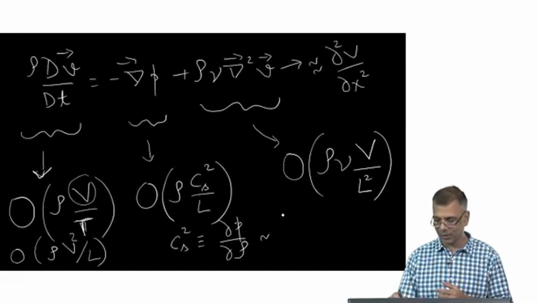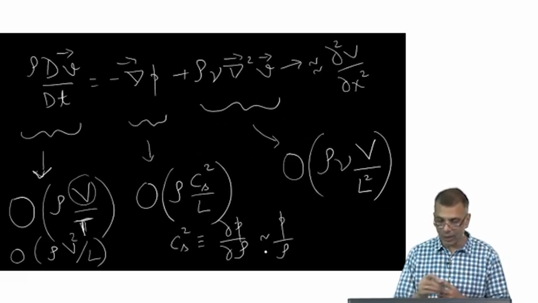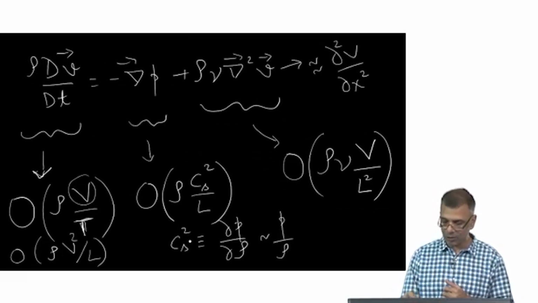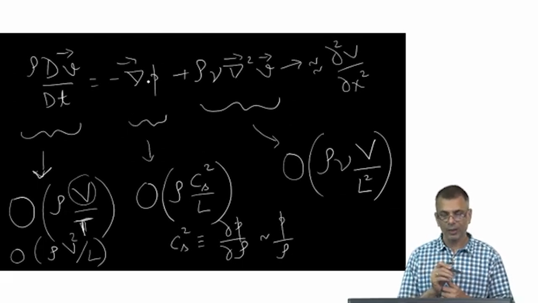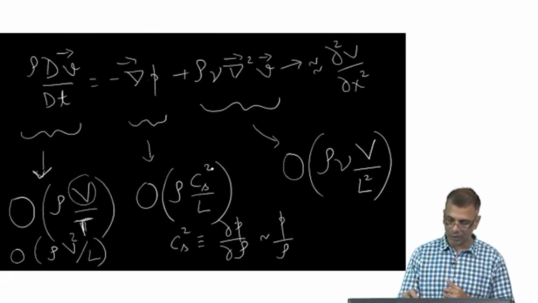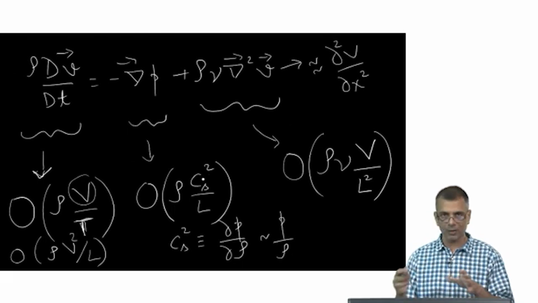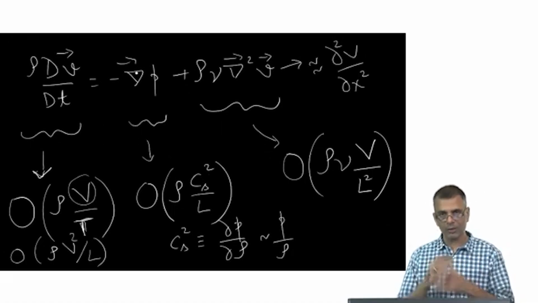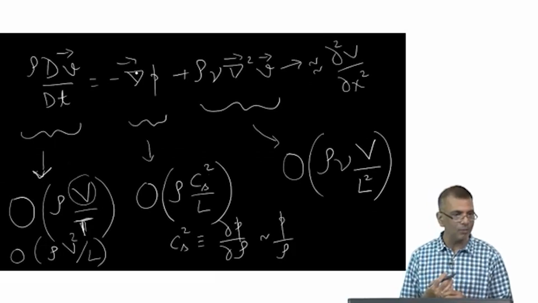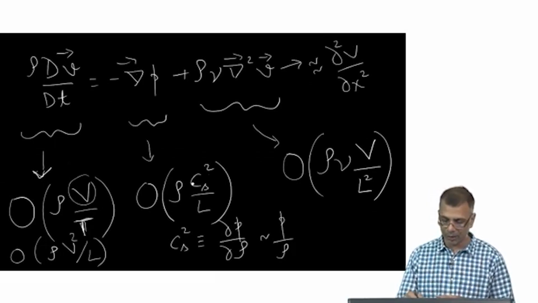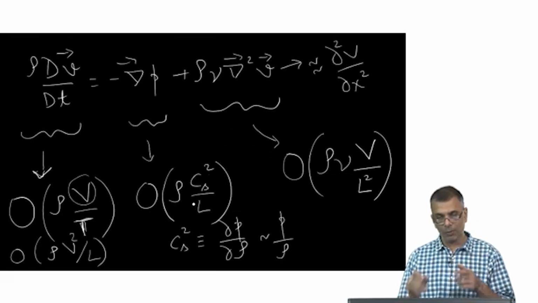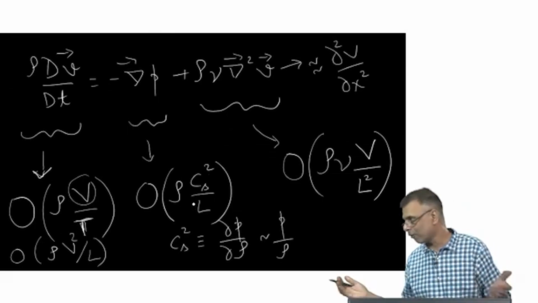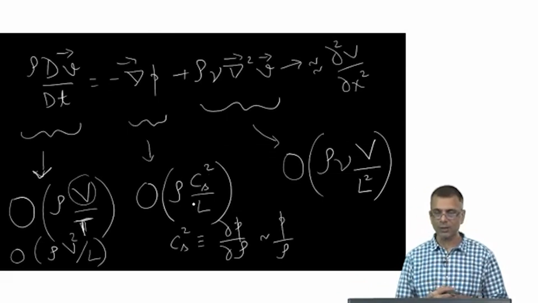So carelessly we can write this as p over rho. Instead of p, I write rho times c_s squared. That's all I've done here. So rho times c_s squared gives roughly p, and this is a gradient, so it's like a d/dx kind of term, which I simply write as 1 over L, where L is some characteristic length, for the dimensions of this room, for instance.